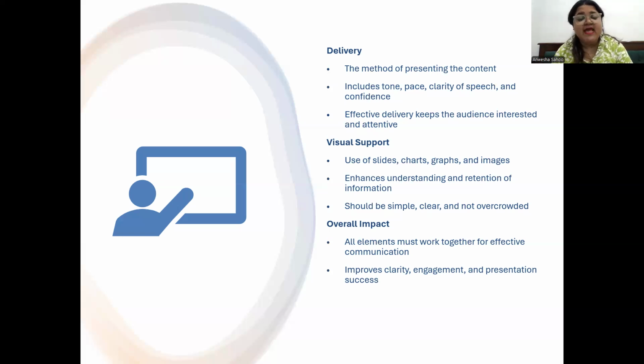Your presentation should be neat and clean. So the overall impact is that such elements must work together for effective communication, because if all the elements are put together and you deliver a good presentation, it improves clarity, engagement, and presentation success.